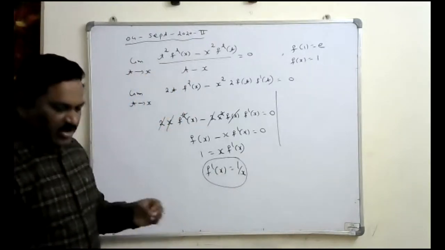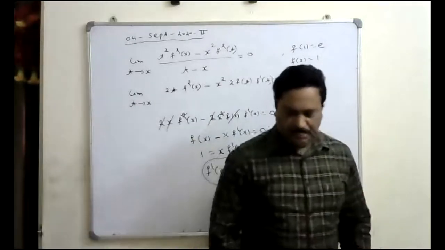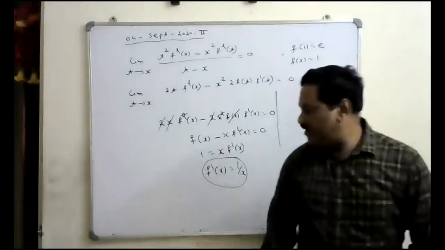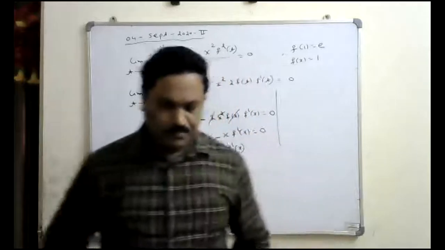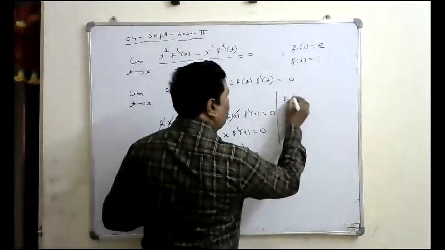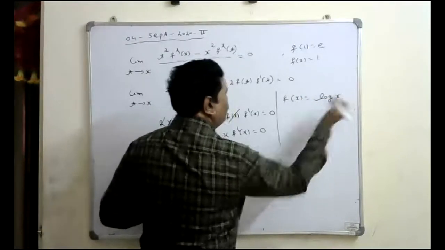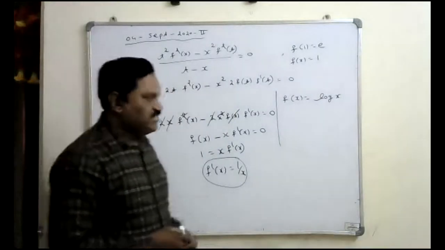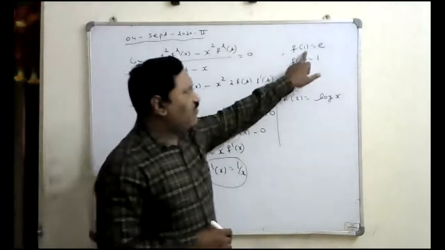Now tell me, for which function does the derivative give 1 by x? Logarithm. Log x, so I can take f of x equal to log x. But observe that f of 1 is given as e.